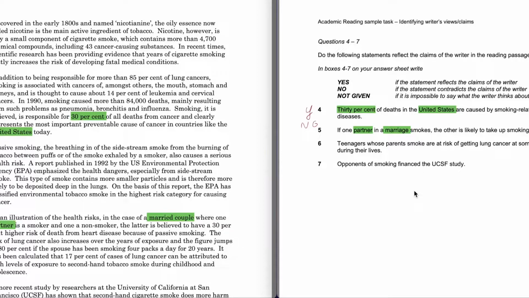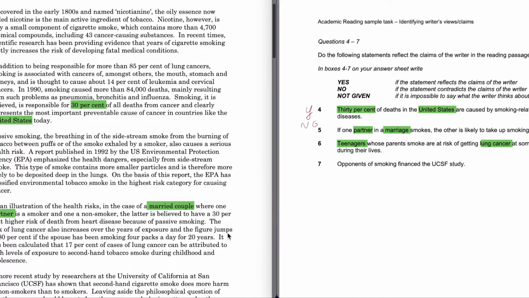Teenagers whose partners smoke are at least at risk of getting lung cancer at some time during their lives. So I was saying about teenagers, and about the possibility of getting lung cancer. We're going to scan further and try to find any information about these teenagers.